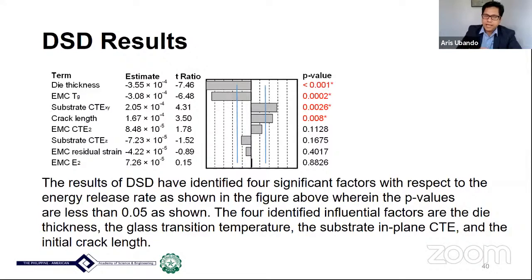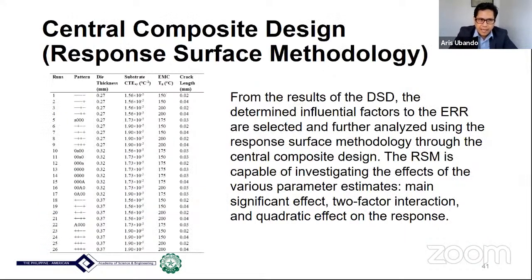So now that we have identified the 4 factors, we try to apply a response surface method focused on the 4 factors identified. And this resulted to 26 runs with the combinations of the values for the 4 factors.